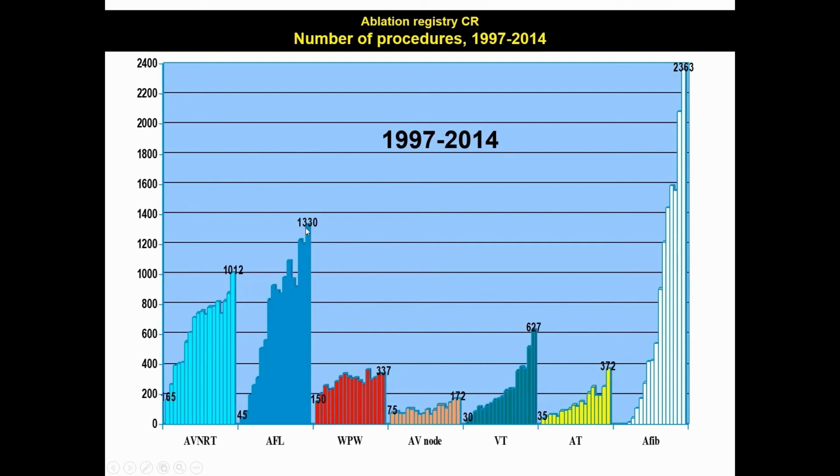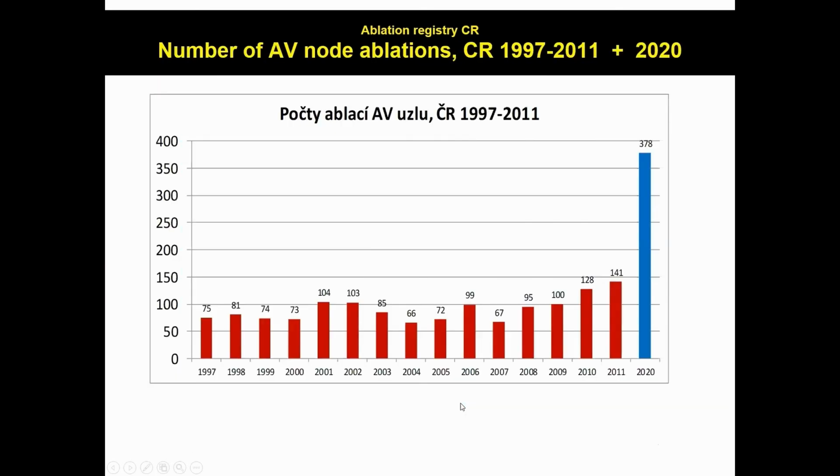It's the same for atrial flutter, VT, and atrial tachycardias, with a very steep increase of ablation for atrial fibrillation. The increase for accessory pathway was not so steep, and for AV node, the numbers were quite stable.